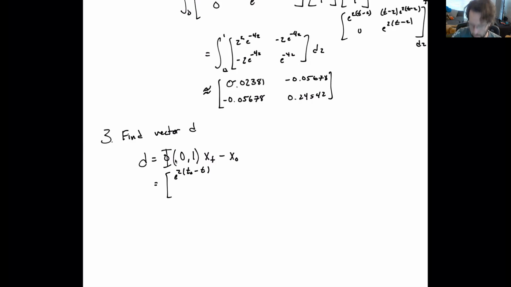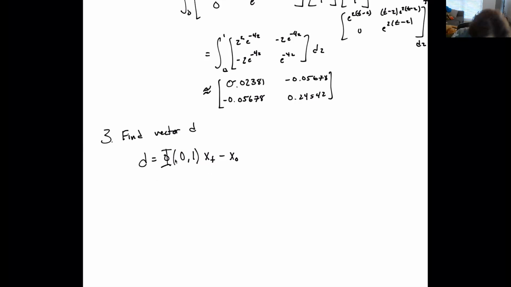This is t, this is t naught here, and this is t final here. Where did our state transition matrix go? There. Let me erase this real quick, and I'll just input the 0 and 1 as I go.